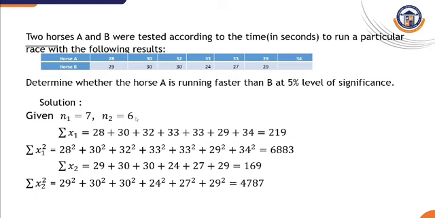Now we determine the sum of x1: 28, 30, 32, 33, 33, 29, 34 is equal to 219. The sum of x1 squared: 28 squared, 30 squared, 32 squared, 33 squared, 33 squared, 29 squared, 34 squared, the sum of the values is 6883.